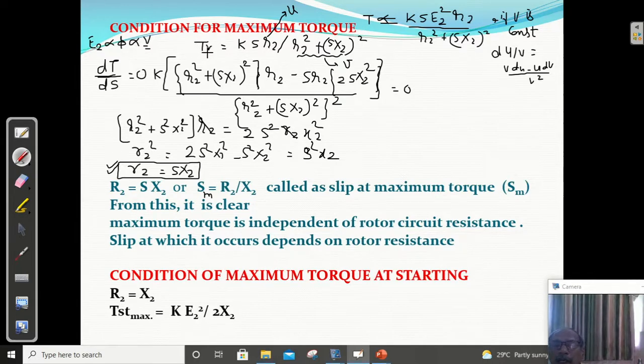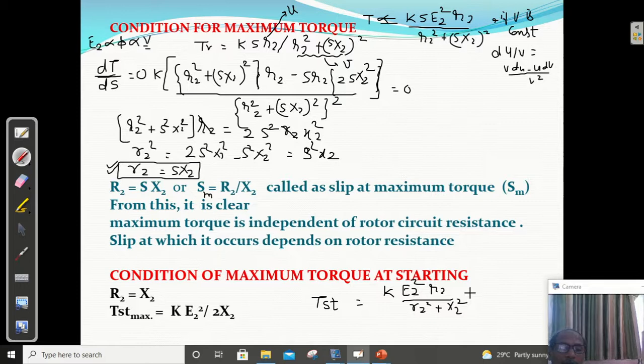Clear? Condition for maximum torque at starting. So what is T start? T start equals K E2 square R2 upon R2 square plus X2 square at starting, right? And put R2 equal to X2.